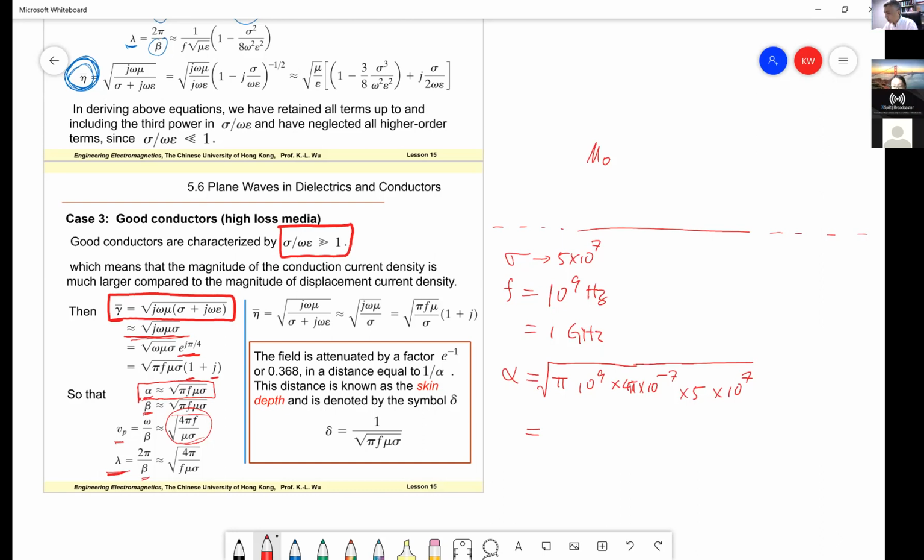Okay, so this is 4 pi, so the 2 pi, then power of 2, times 5 times 10 to the power of 7.